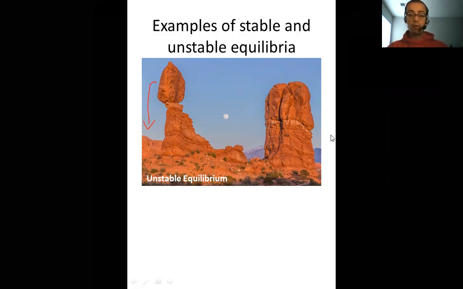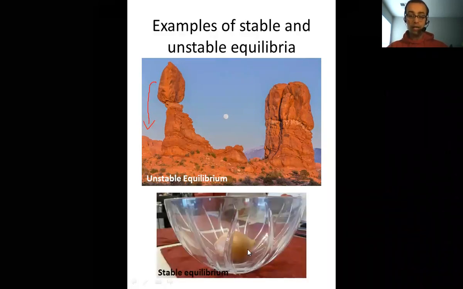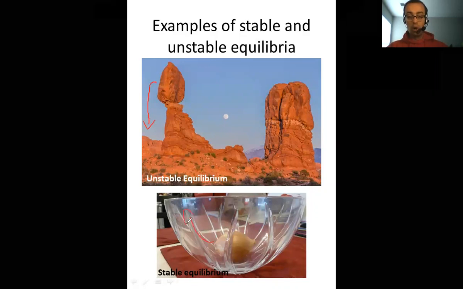How about a stable equilibrium? Well, I took an onion and I put that onion inside the bottom of a bowl. If I take some force and I disrupt the onion and try to push it up the bowl, what's going to end up happening is that gravity is going to pull the onion back down towards the center of the bowl.